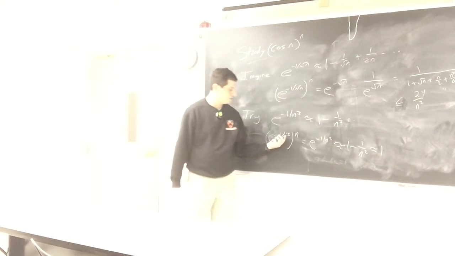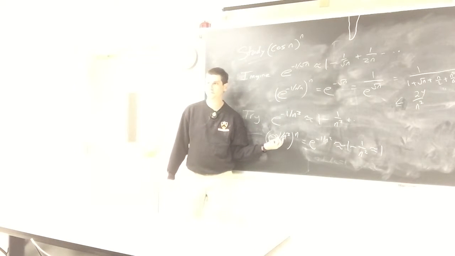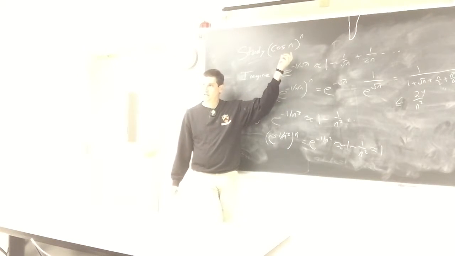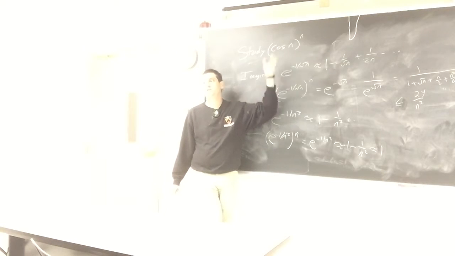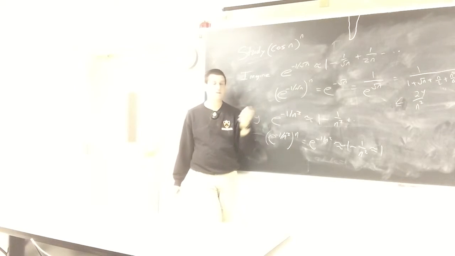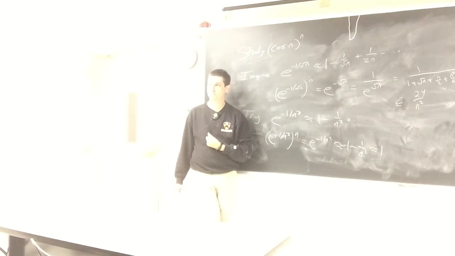So now, if I were to sum this as my series, it would diverge. So the whole point of cosine of n to the n, the only way we're going to show this diverges, or at least a good way to show that this diverges, is to show that we are so close to 1 that when we raise it by the nth power, we are still close to 1.